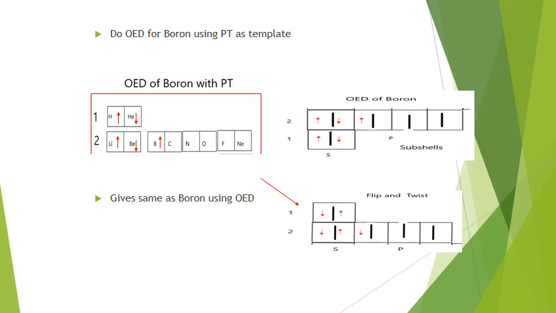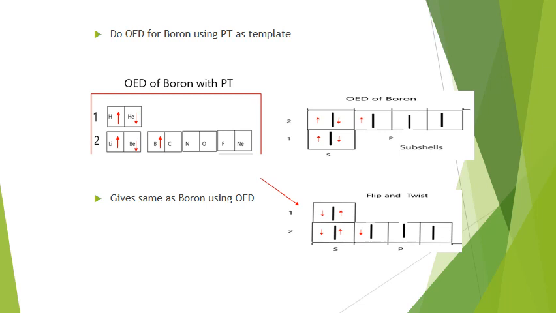Okay, what we're going to do is take boron. And so boron's orbital energy diagram is the following. It has 5 electrons: up, down, and then up. Now if we go over here to the periodic table and represent the arrows, you put an arrow here, arrow here, arrow here, arrow here, you can see that putting the arrows in order in the periodic table puts them in the same spot as the orbital energy diagram.